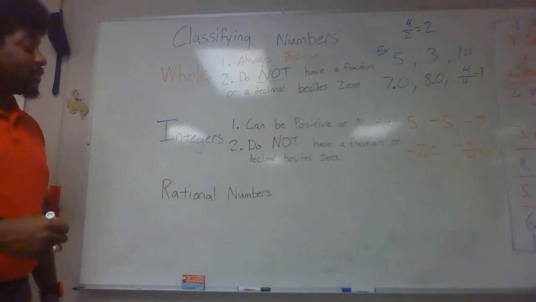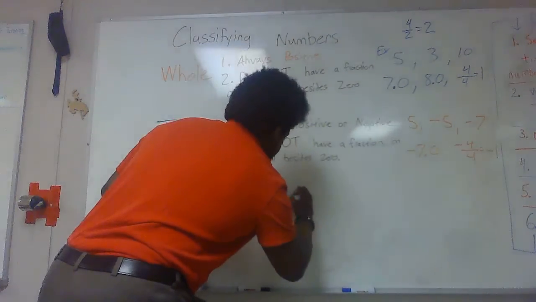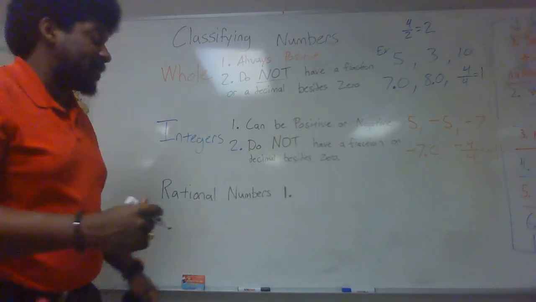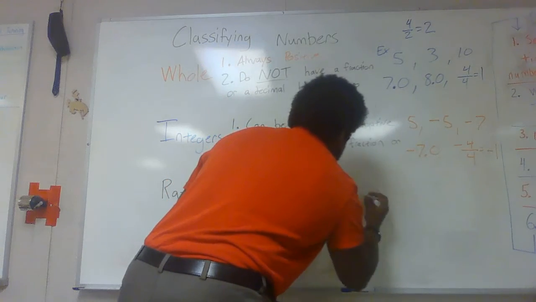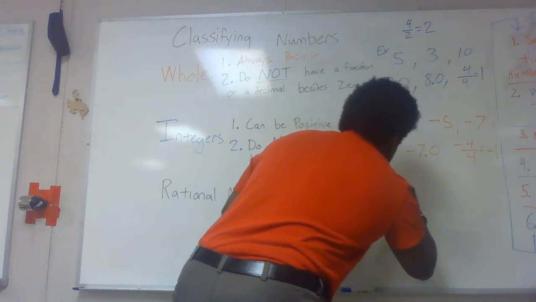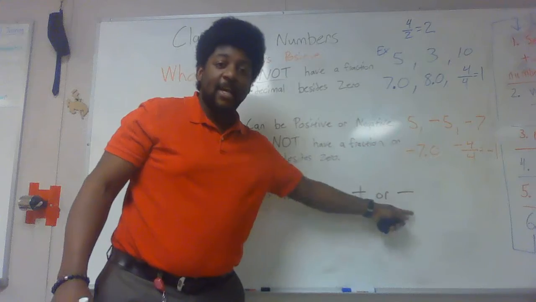So y'all, rational numbers also have two rules. Rule 1, they can be positive or negative. So kind of like integers, rational numbers can be positive or negative. I'm going to put the plus for positive, or I'm going to put the minus for negative. Can be positive or negative.